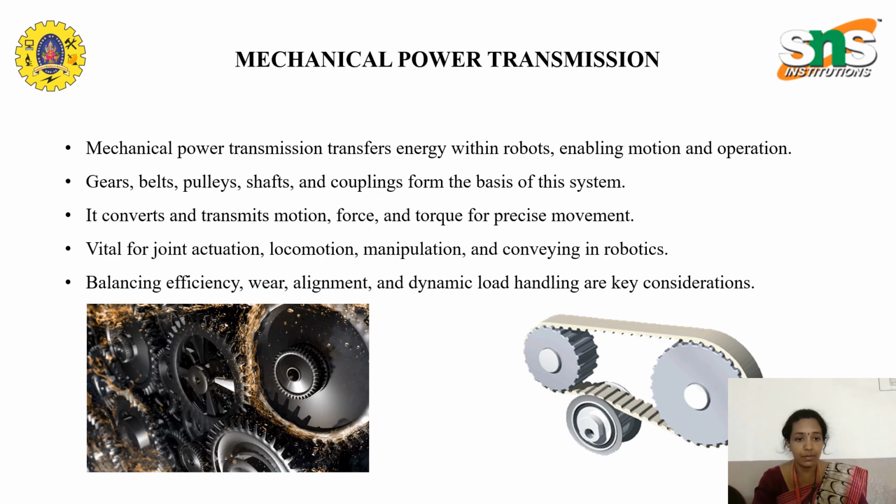This type of power transmission system converts and transmits motion, force, and torque for precise movement. Importantly, the mechanical power transmission system is usually used for joint actuation, locomotion, manipulation, and to convey the robots.